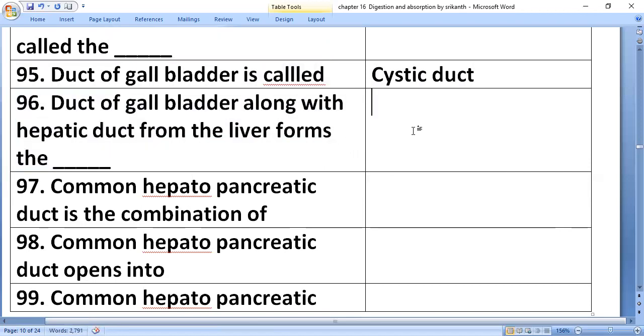The duct of the gallbladder along with the hepatic duct from the liver forms the common bile duct.